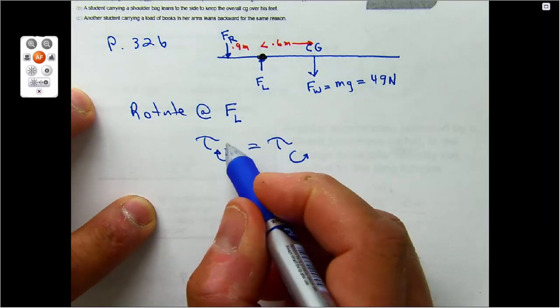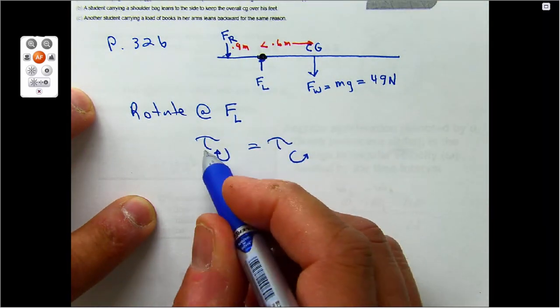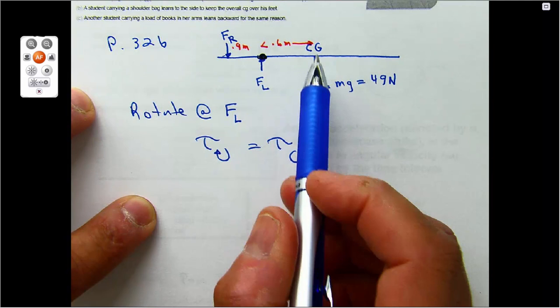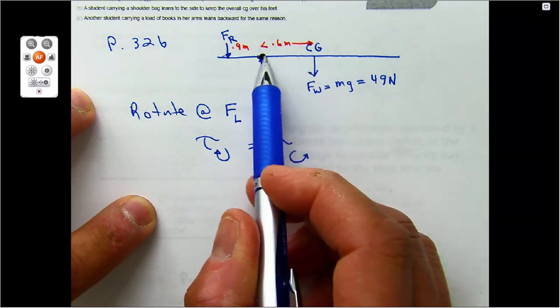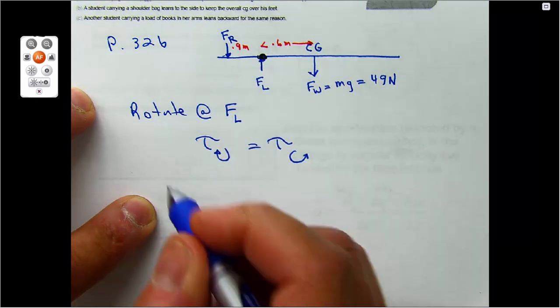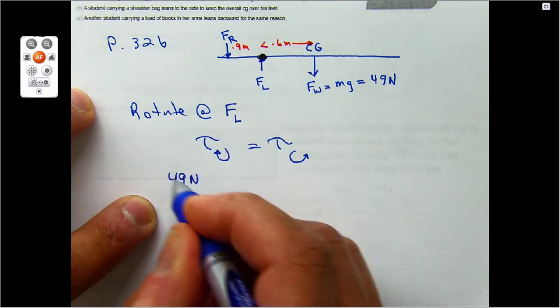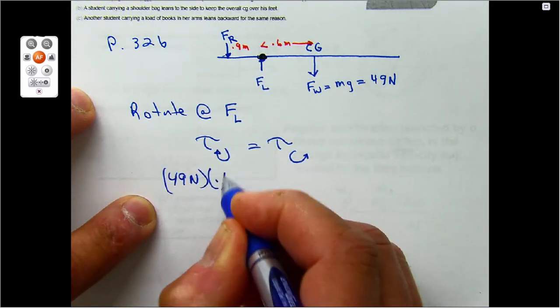So making it rotate right there clockwise is going to be this weight times this distance, right? This is going to be 49 newtons. It's 0.6 meters away.